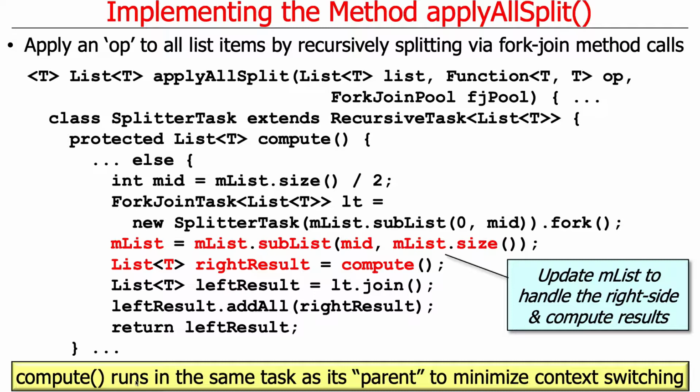And of course, that recursion will continue until we reach back to the basis case where there's a list of only one element in it. And of course, we know that'll happen because each time we're dividing the list in half. So after log n divisions in half, we'll eventually end up with a list that only has one element in it. So compute, notice here, is called in the same task as the parent, in other words, the original compute method from the original splitter task, and that's to minimize context switching.